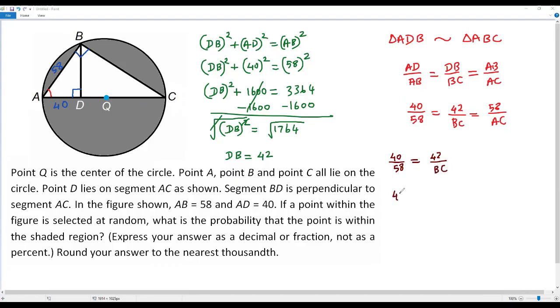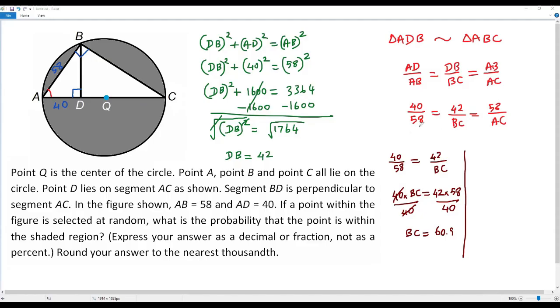Then I'm getting 40 times BC equals to 42 times 58. Okay, let me divide both sides of this equation by 40 to solve for the length of BC. Here 40 will cancel out. Now let me evaluate 42 times 58, which is 2436. It has to be divided by 40. Then I'm getting 60.9. That is the length of BC is 60.9.